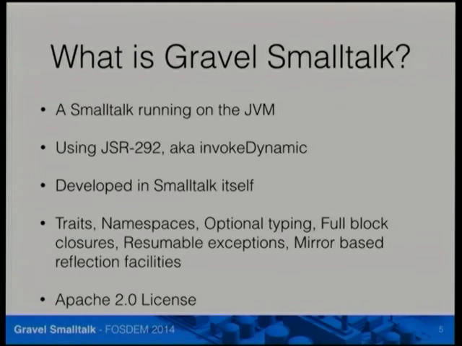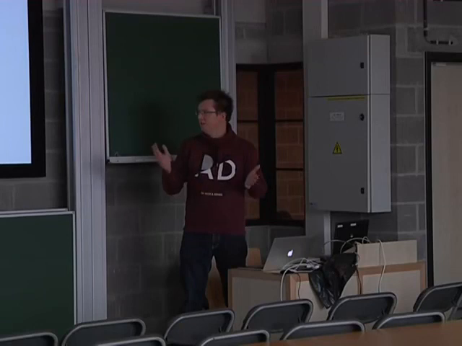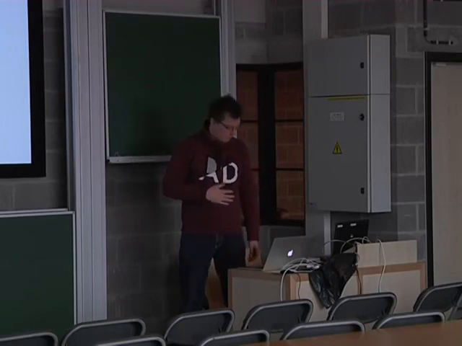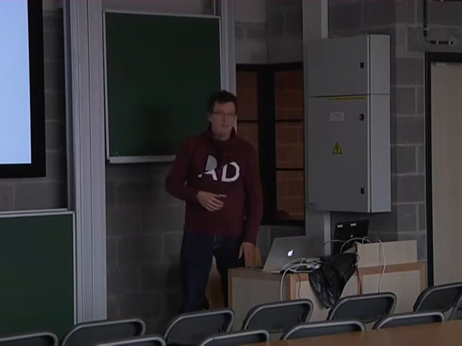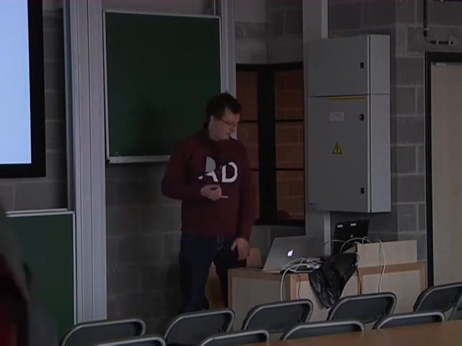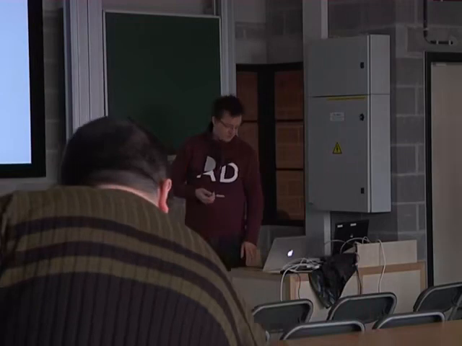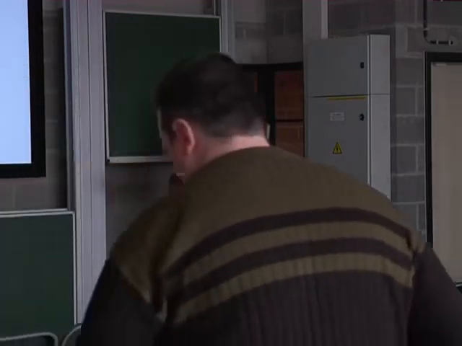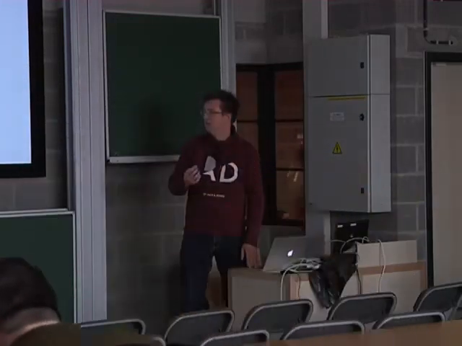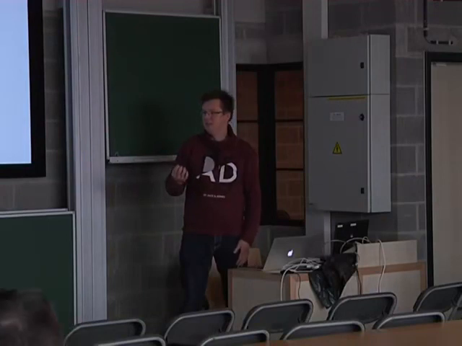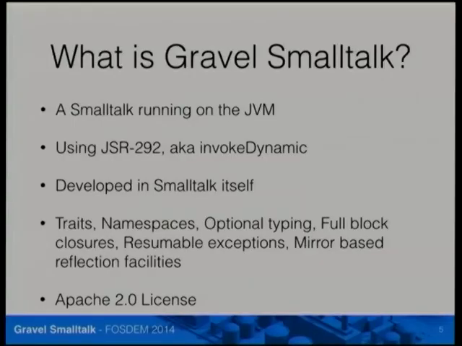We have lots of features like traits, namespaces, optional typing, closures that work correctly, and resumable exceptions. And we open sourced the project under an Apache 2.0 license, which we may change because some people are saying that the MIT license is better, but I disagree.